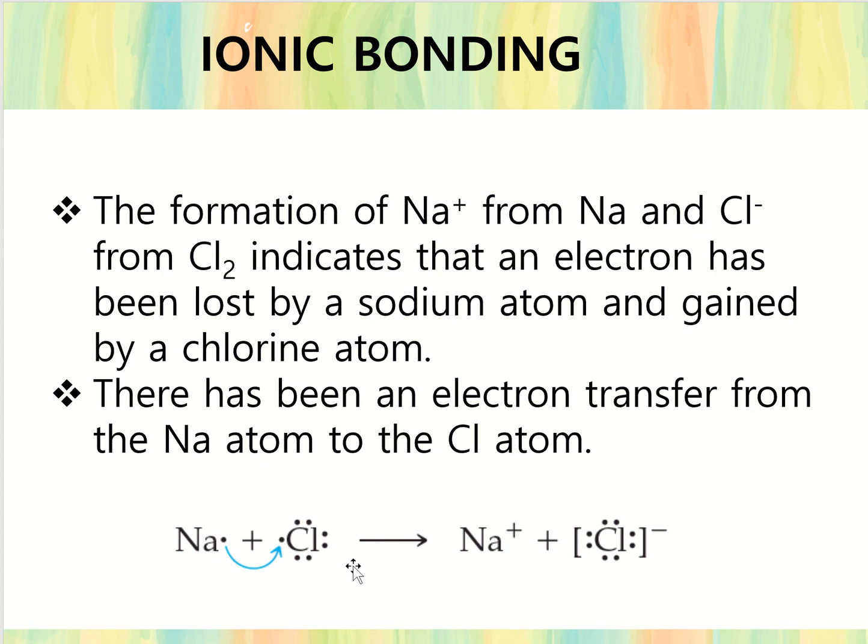Notice that we're seeing the Lewis structure: sodium has only one valence electron, and that electron is now transferred to chlorine, which has 7 valence electrons. Once it gains that electron from sodium, it becomes negatively charged. And we have sodium here that is positively charged because it lost an electron.